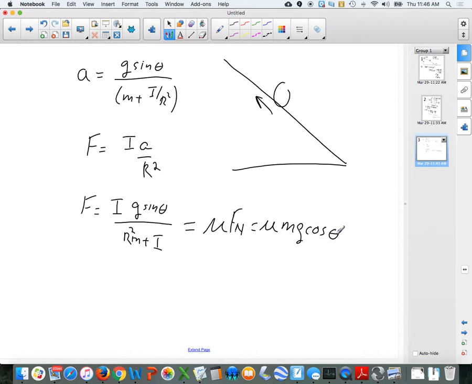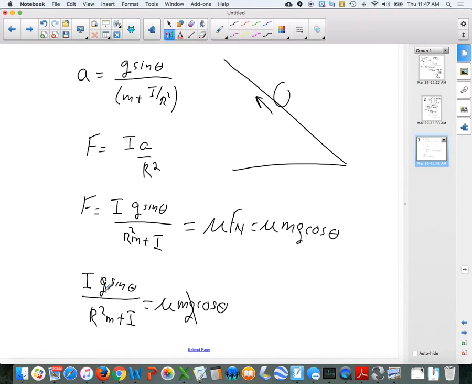So with this, I can write I g sine theta over r squared m plus I is mu mg cosine theta.